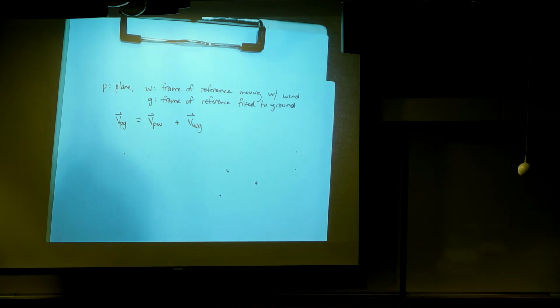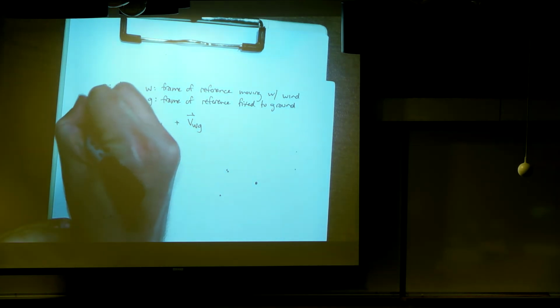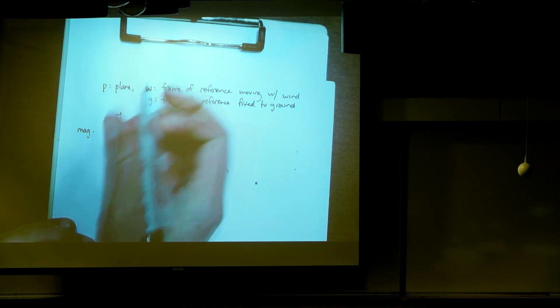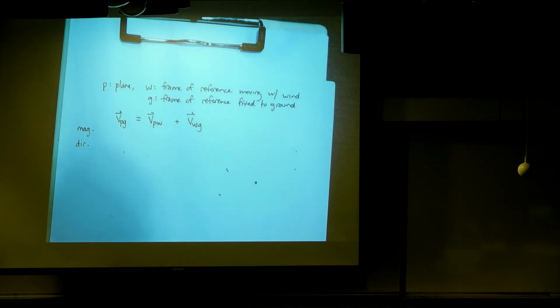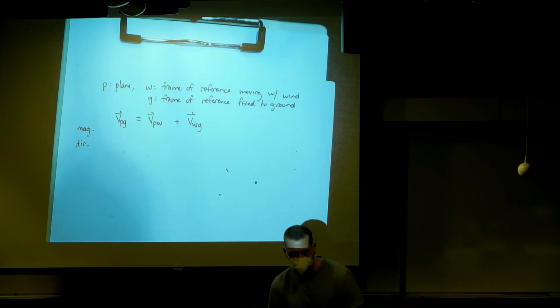So y'all remember that? What I want to do here is establish what do we know about each one of these vectors, okay? So in terms of the magnitude and the direction. So I have three different vectors. I'm going to write what do I know about the magnitude, what do I know about the direction, for each one.